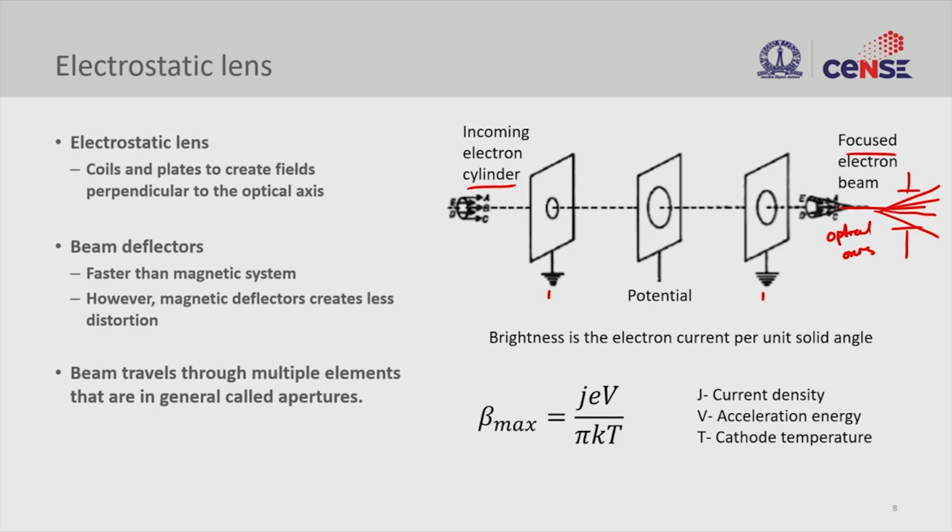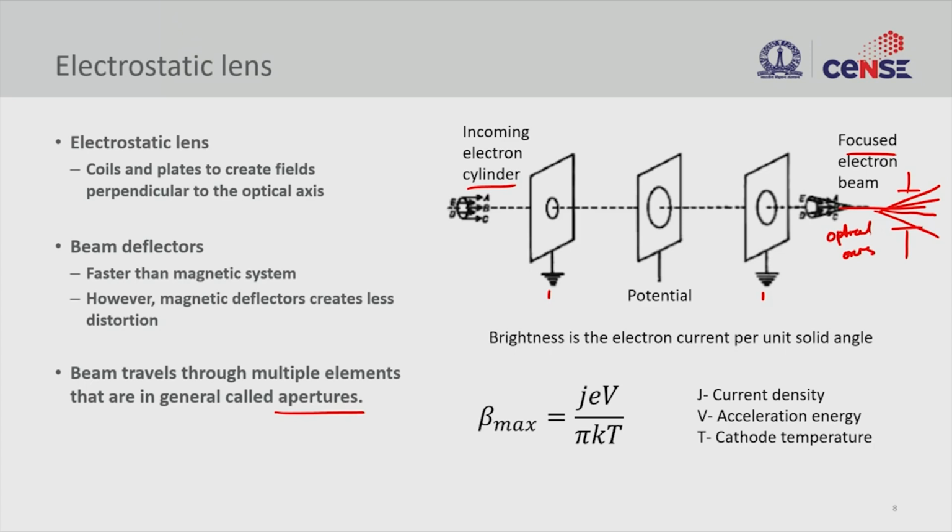And irrespective of the lens and deflection system, there are multiple apertures we use to profile the beam and change the size of the beam from one lens system to the other. This is all integrated into the column.